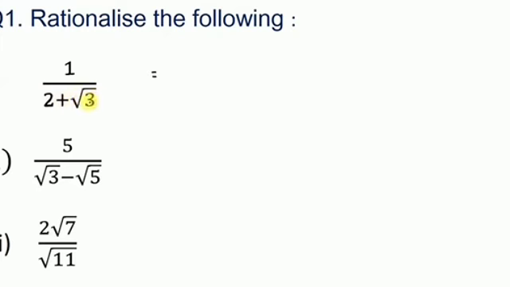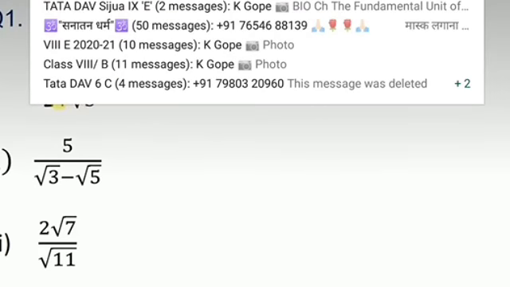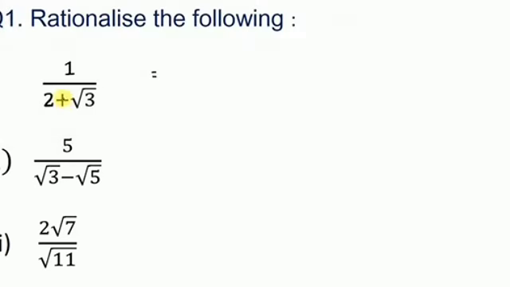So what do we have to multiply? We have to multiply the opposite sign, that is 2 minus root 3. So 1 by 2 plus root 3 into 2 minus root 3 divided by 2 minus root 3.